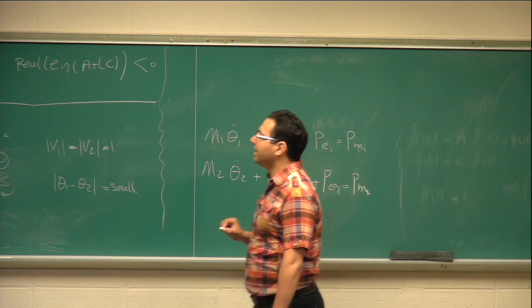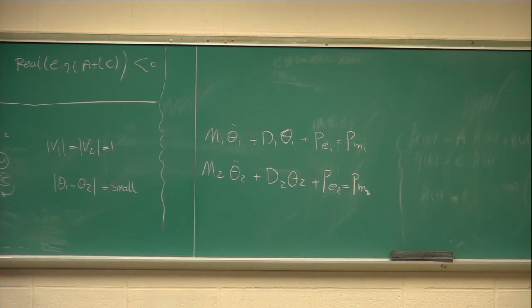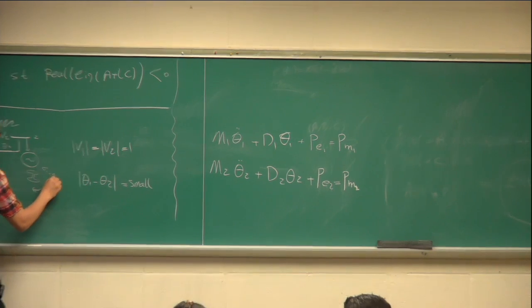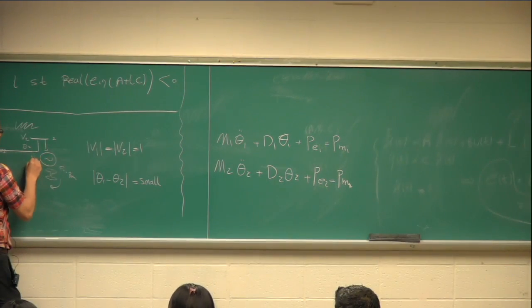And assume that the system is lossless. This is just an inductance. So you see a lot of inductance in the line, there is no resistor. So P mechanical again goes this way, P electrical comes out of that.